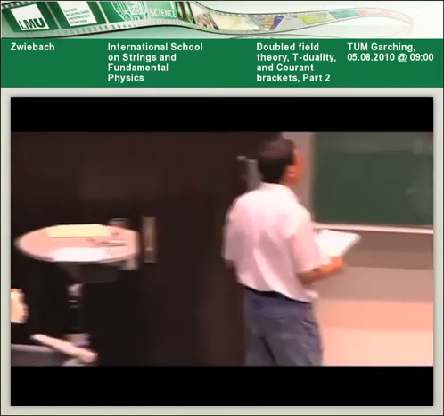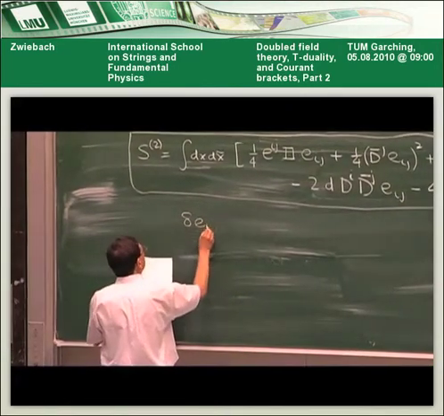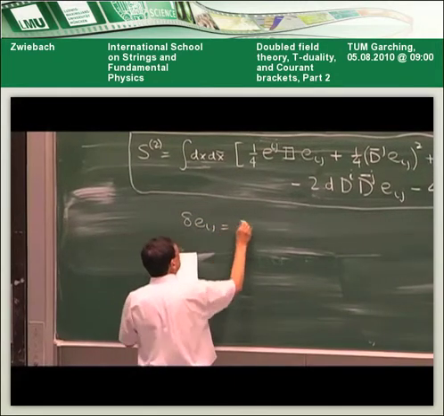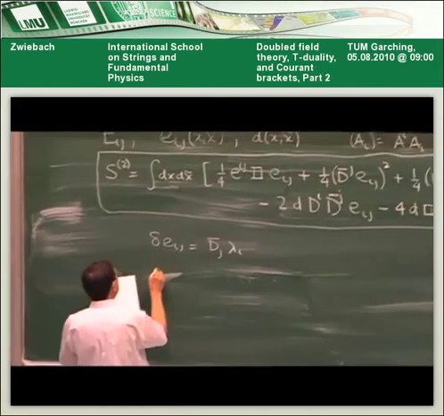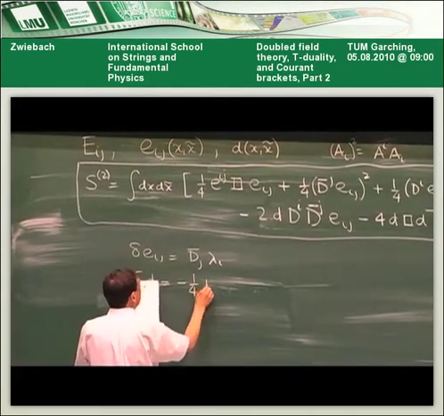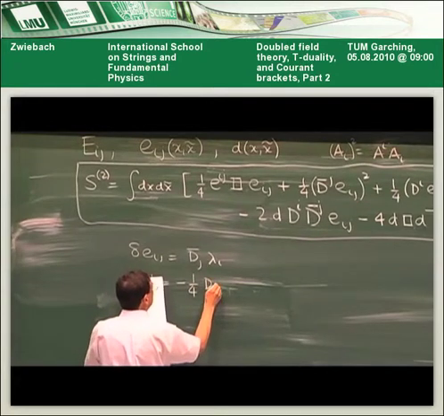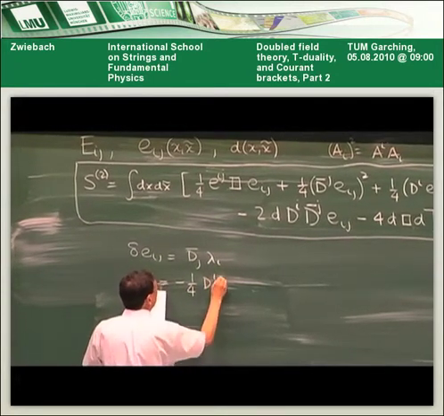peculiarities already. So it should have a gauge invariance. So let me write it down. Delta E_ij is d bar j of lambda i, and delta d is minus 1/4 of D dot lambda, which means D^i lambda_i.